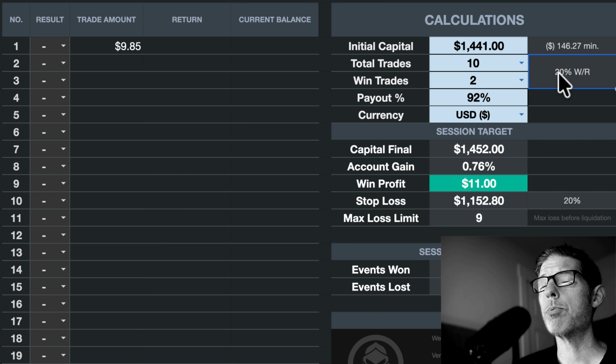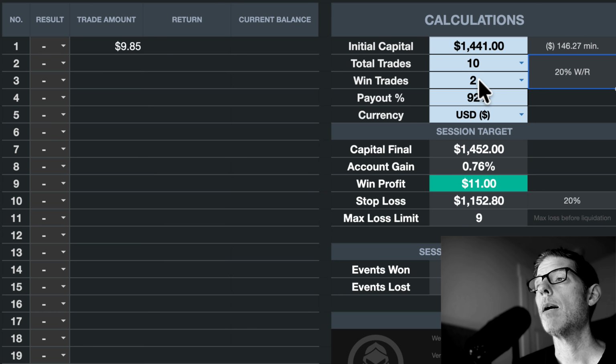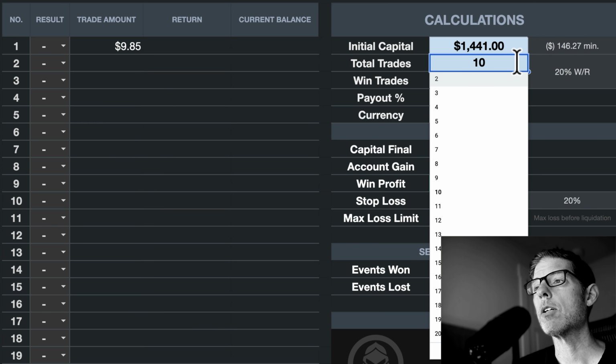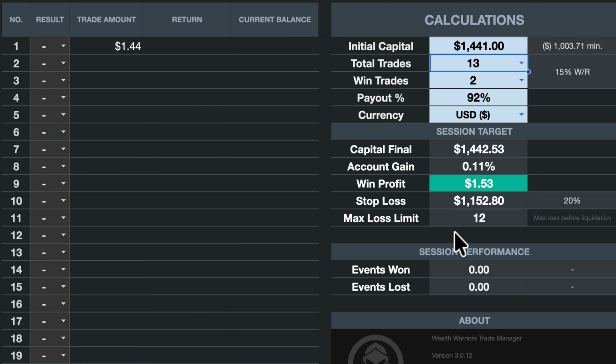So I would say there's a pretty good chance you're eventually going to reach that, or you have the potential to lose a lot of money, or a good portion of your account, using these settings. So here's what I would do. I would take this total trades and increase it as high as you can go. This all depends on how much initial capital you have. If you don't have $1,400, then your results are going to be different than mine.